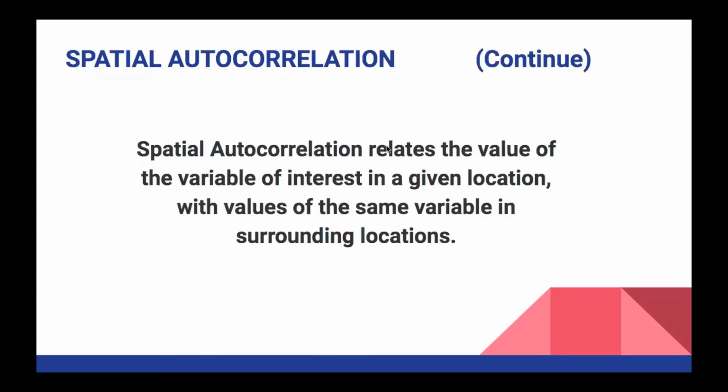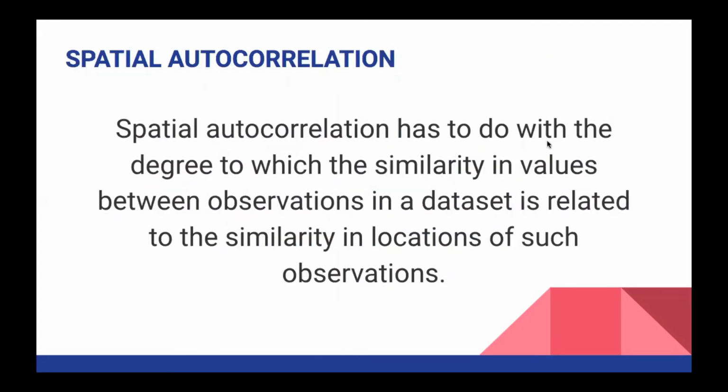Now, what is spatial autocorrelation? Spatial autocorrelation has to do with the degree to which the similarity in value between observations in a data set is related to the similarity in location of such observations.